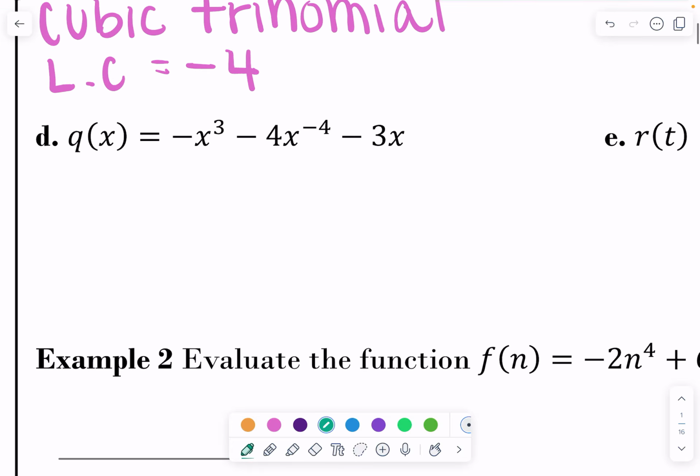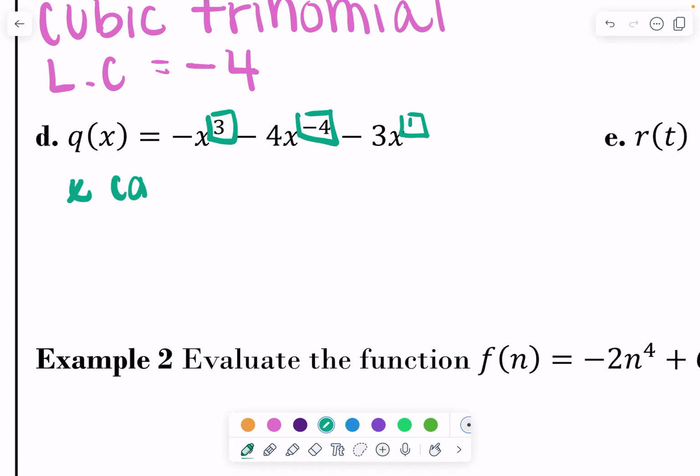All right, letter D. We have q of x equals negative x cubed minus 4x to the power of negative 4, and then minus 3x. So I'm looking at all my exponents. I have 3, I have negative 4, and we know that a single value of x has an imaginary, in quotations, value of 1 in the exponent. So looking at my exponents, I should automatically be drawn to the negative 4. And in my properties of polynomials, I cannot have a negative exponent.